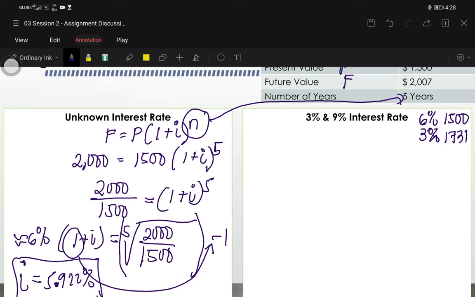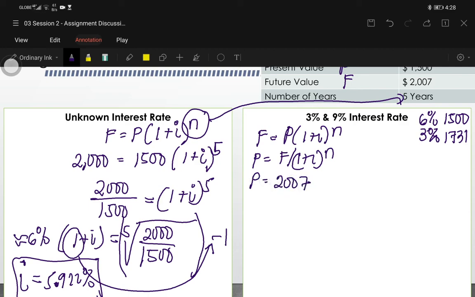At 9% interest rate, same formula: F equals P times 1 plus I to the power of n, where P is equal to F over 1 plus I to the power of n. P is equal to 2007, that is your expected future amount, divided by 1.09 to the power of 5. That's the divisor.